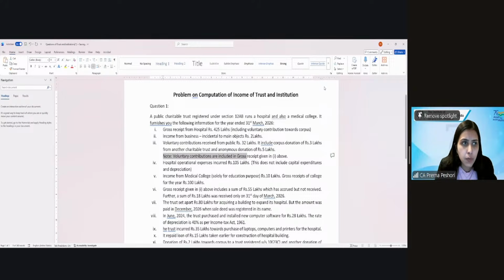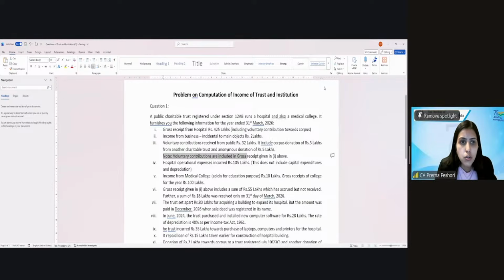425 lakhs are given as the gross receipt, which includes the corpus donation. So how much are we going to exclude? Out of 425, how much will we exclude? 3 lakhs and 5 lakhs of anonymous donations calculation will be done.